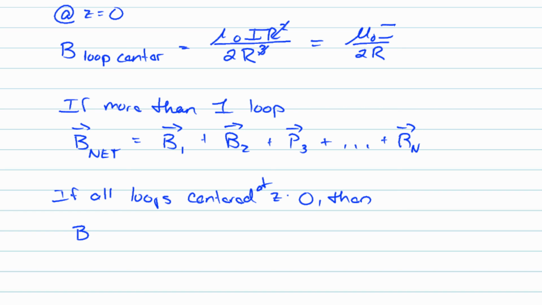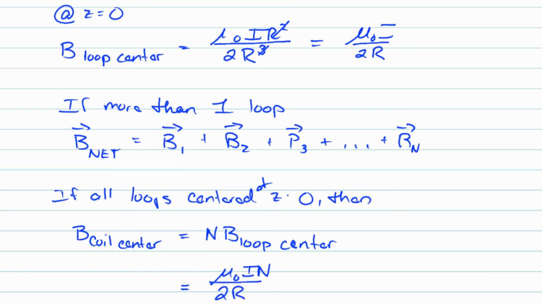Then we can evaluate the strength of the magnetic field at the center of that coil, so we'll call this coil center. That's going to be N times the magnitude of one loop evaluated at its center. So that's going to add an N to our above equation.